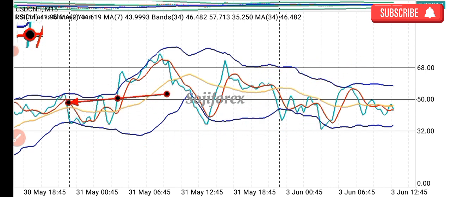Just as you can see here, whenever this volatility band shrinks together, it means the market is in consolidation and the smart money are about to play a trick. So that is about the volatility band.